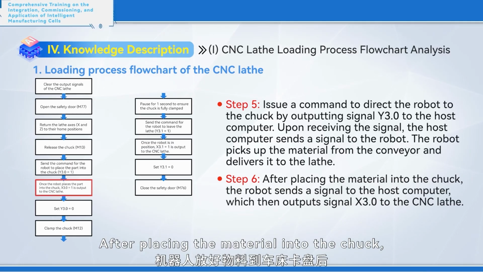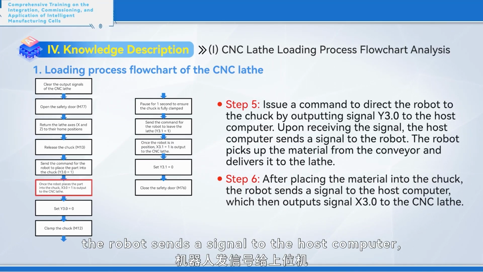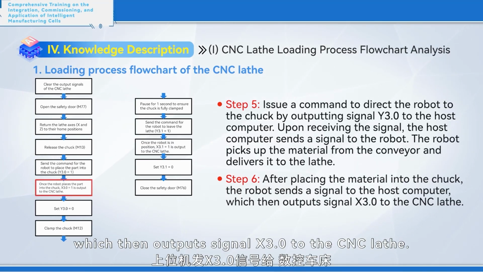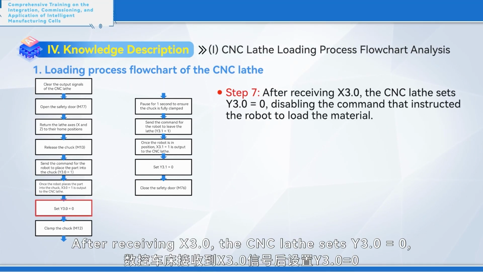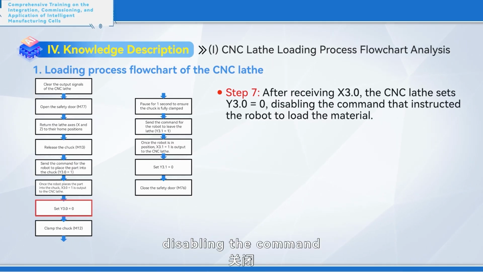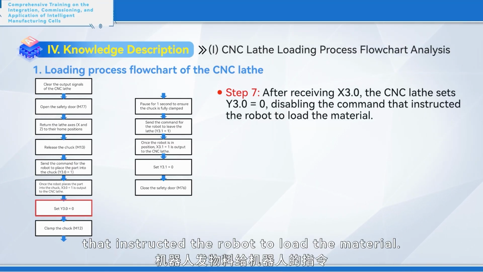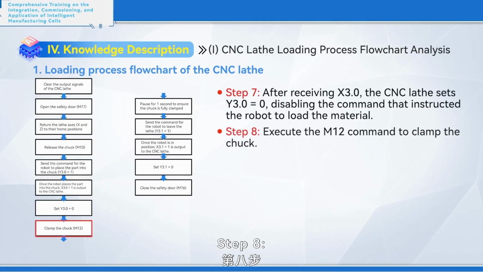After placing the material into the chuck, the robot sends a signal to the host computer, which then outputs signal X3.0 to the CNC lathe. Step 7. After receiving X3.0, the CNC lathe sets Y3.0 equal to 0, disabling the command that instructed the robot to load the material.